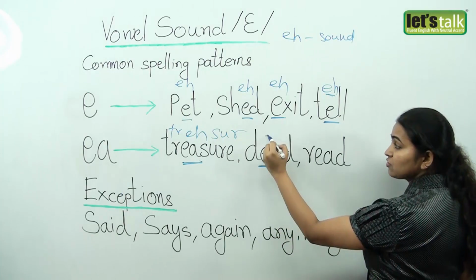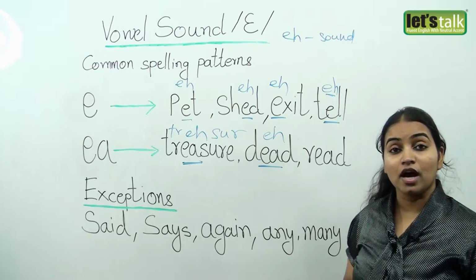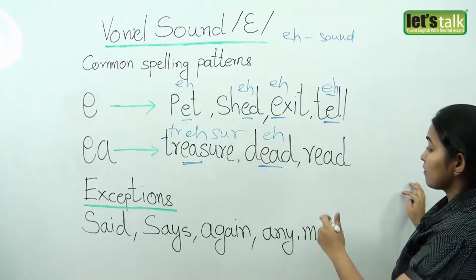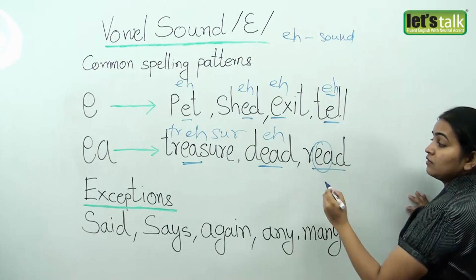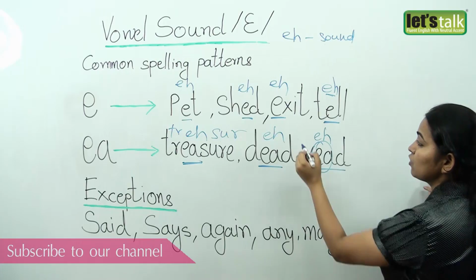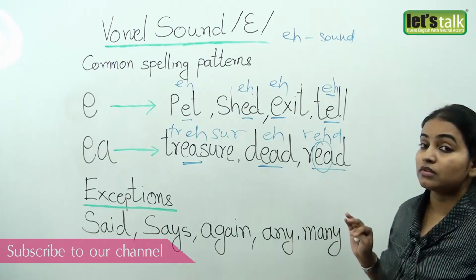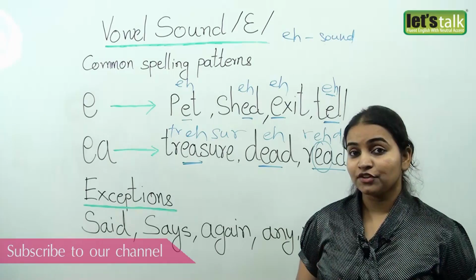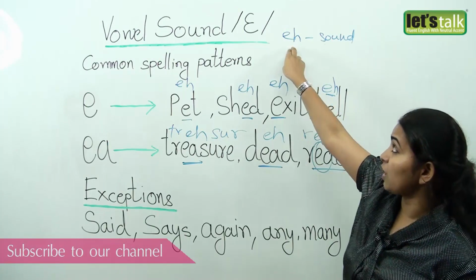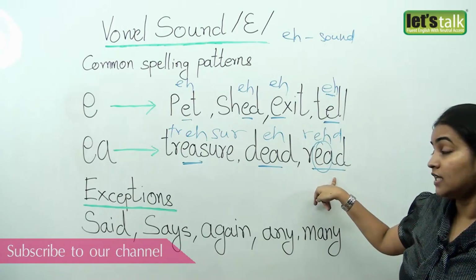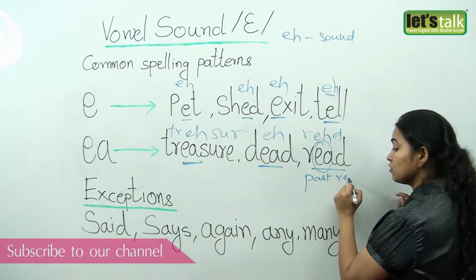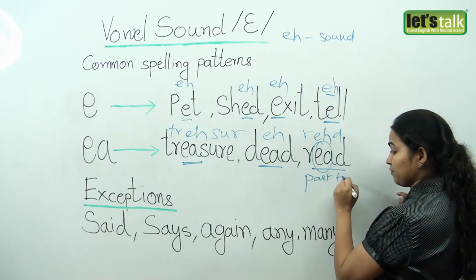Moving on to the next word. The EA gives me the short E sound. So it is dead. The same with the next word. The EA gives me the short E sound. So I say red. I don't say reed. Just to let you know that red, giving me the short E sound because of the EA, is the past tense of the word read.